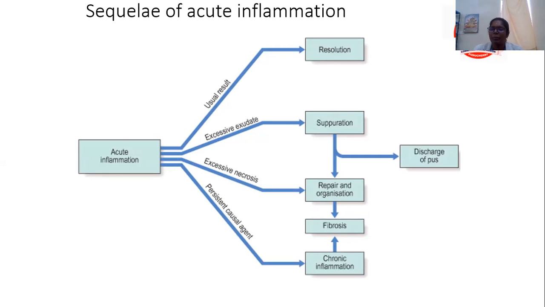And sometimes there may be extensive necrosis, substantial loss. In that case it can go for repair, organization, and fibrosis. If the organisms are still persistent in our body and healing is inhibited by various factors, then it can go for chronic inflammation.